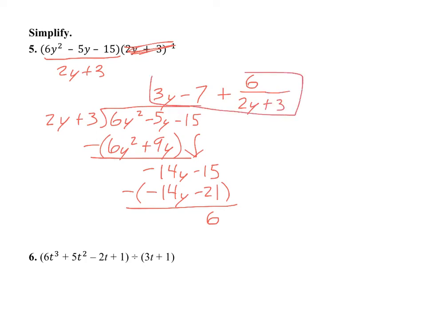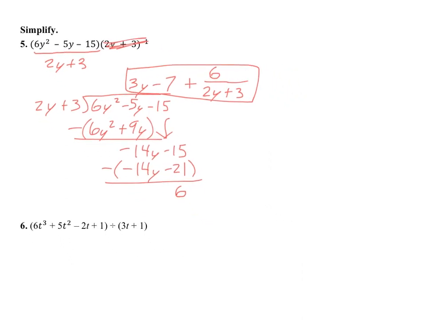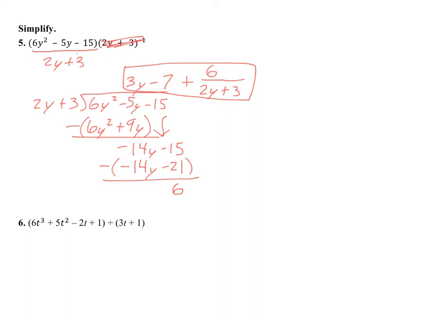Okay, if you want to do that problem with synthetic division, it's a little different. So I think I should show you what's different. First, decide what makes the denominator, what would make that equal 0. Negative 3 over 2 would make the denominator 0.